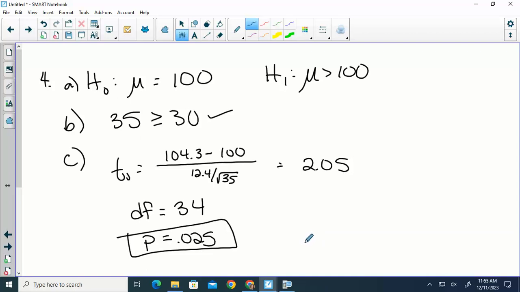We were at the 0.05 level. So P is less than alpha, which means we reject. If I ask for a sentence, that means we have enough evidence to conclude that the mean is more than 100 now. All right. So could you guys do these by hand?